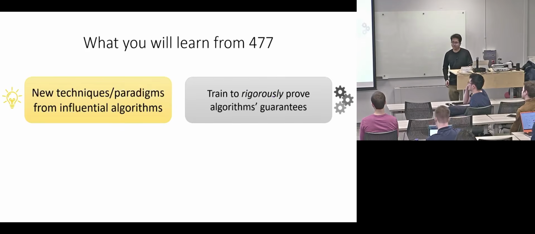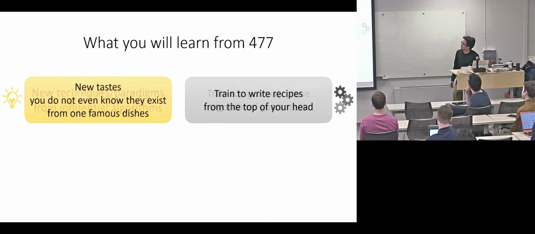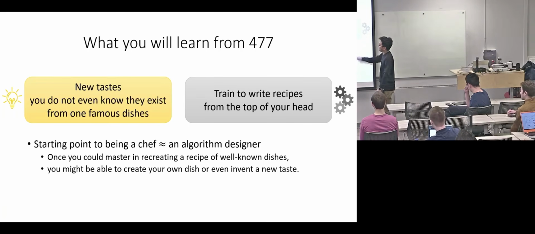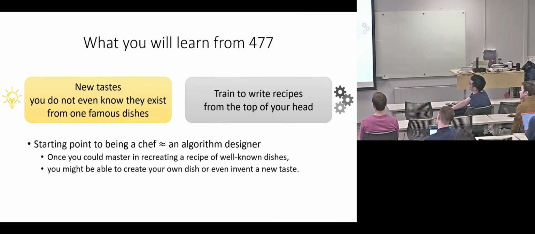This is what it means in cooking terms. When you learn a lot of these, this can be a good starting point to become a chef or algorithm designer. Once you master recreating a lot of recipes of well-known dishes, you might be able to create your own or invent a new taste yourself.